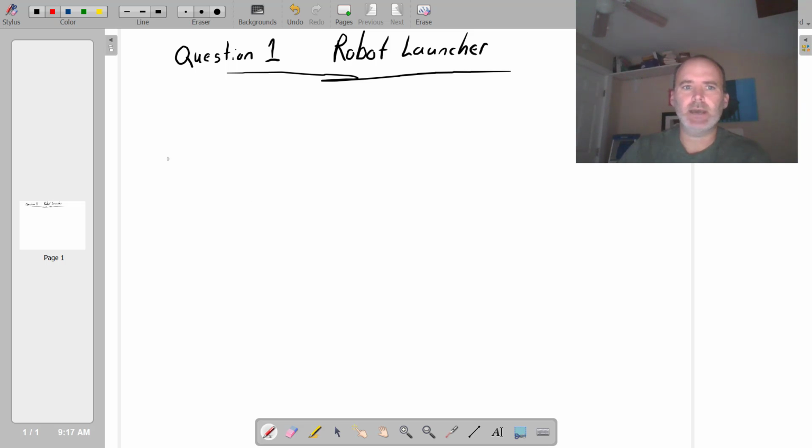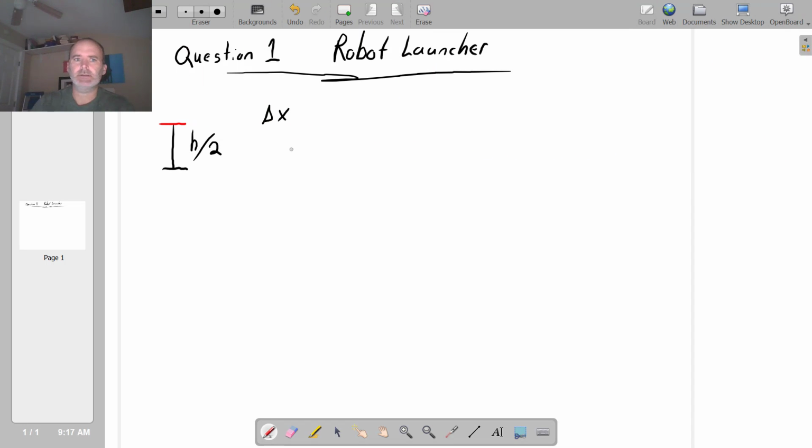All right, so we have our height. And our height is, let's go black again, our height is h/2. All right, and I'm trying to solve for my delta x. So I can come over here and put, let's put like the original.